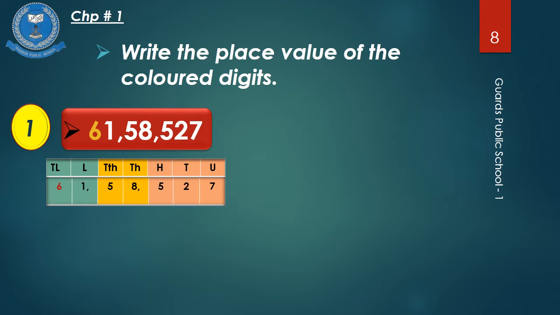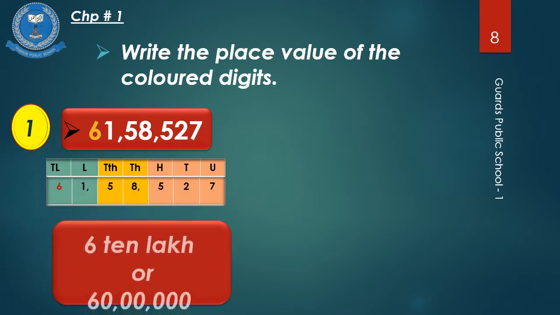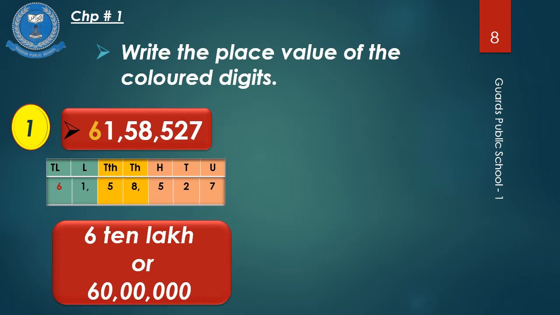Like 7 unit, 2 tens, 5 hundreds, 8,000, 5 10,000, 1 lakh, 6 10 lakh. In this way, I will easily know what is the place value of color digit. So it will be written as in words as 6 10 lakh and in figures as 6 with 6 zeros.